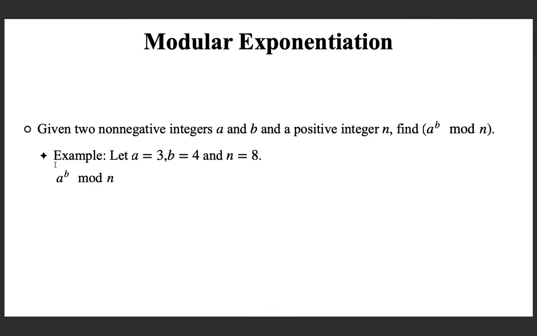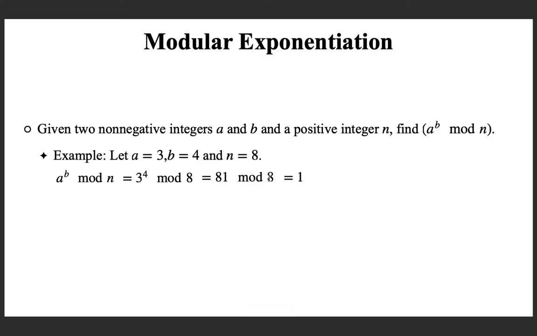What is a to the power b mod n? Substitute the values of a, b and n. It is 3 to the power 4 mod 8. 3 to the power 4 is 81 mod 8. What is the remainder of dividing 81 by 8? It is 1. So this is what the problem is.